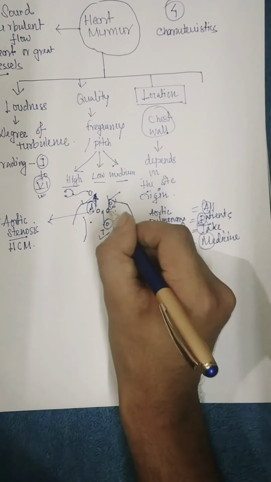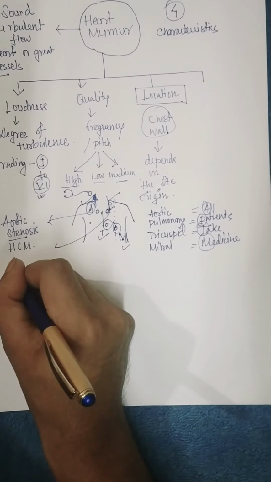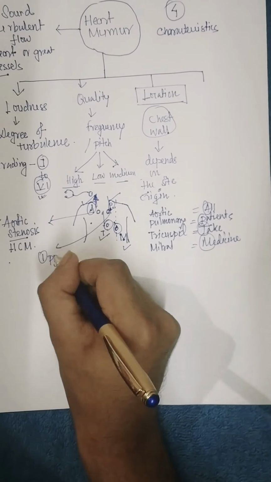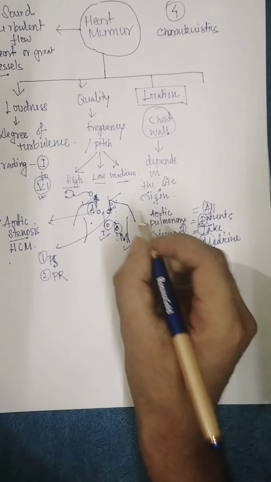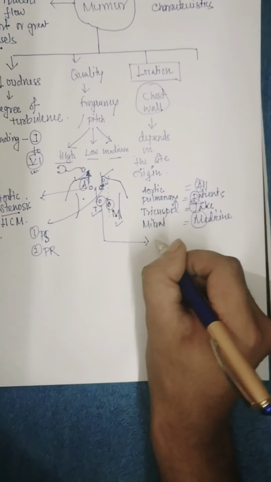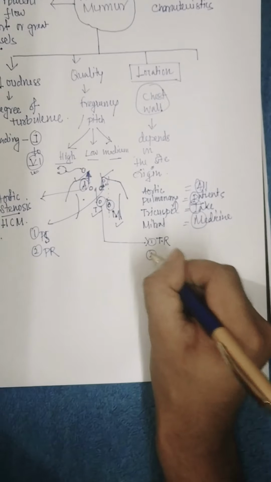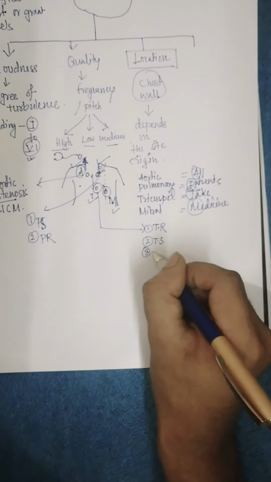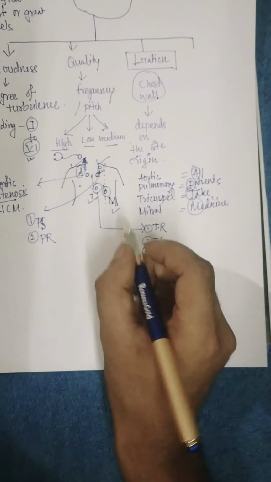In the pulmonary area, we find the murmur of pulmonary stenosis and pulmonary regurgitation. In the tricuspid area, we find the murmur of easy tricuspid regurgitation, also of tricuspid stenosis, and this one you have to remember: we find the murmur of ventricular septal defect also in the tricuspid area.